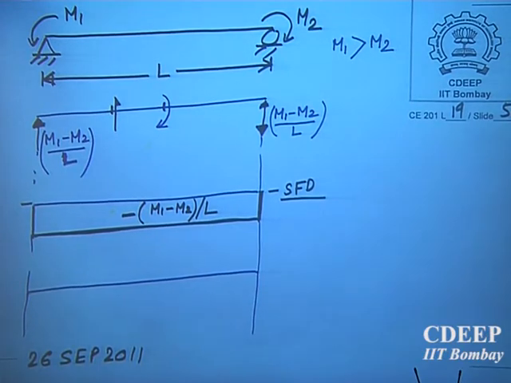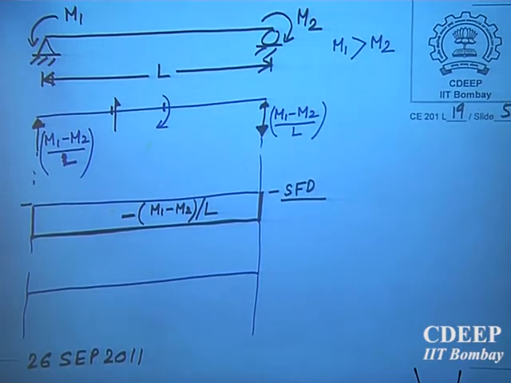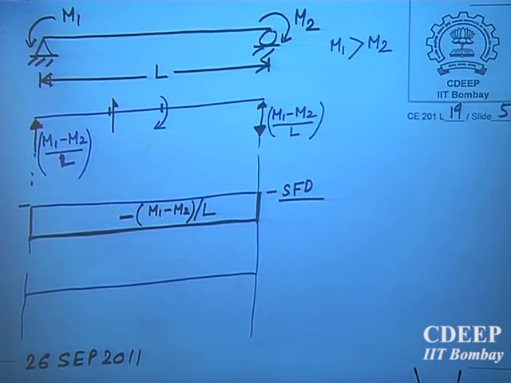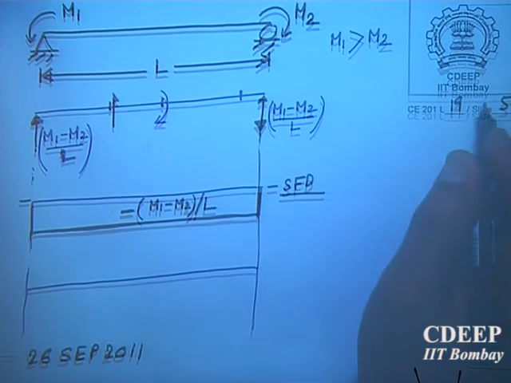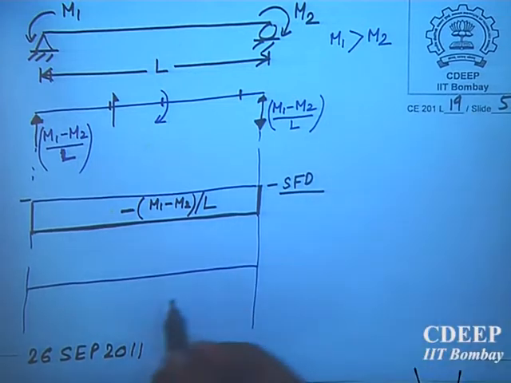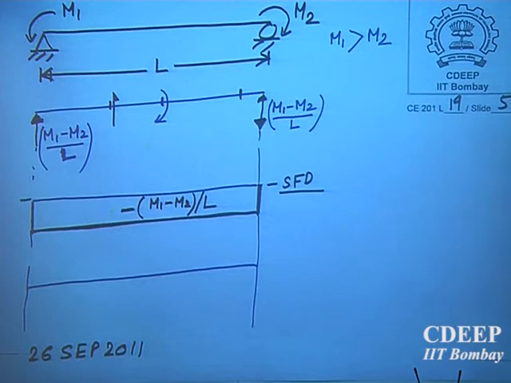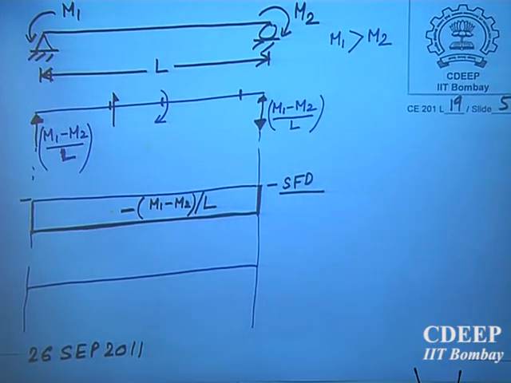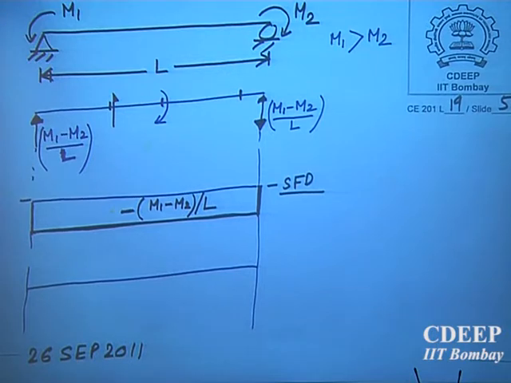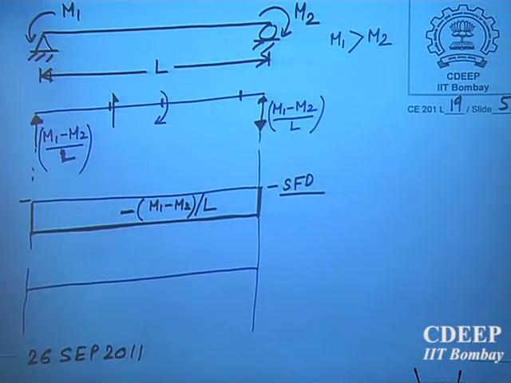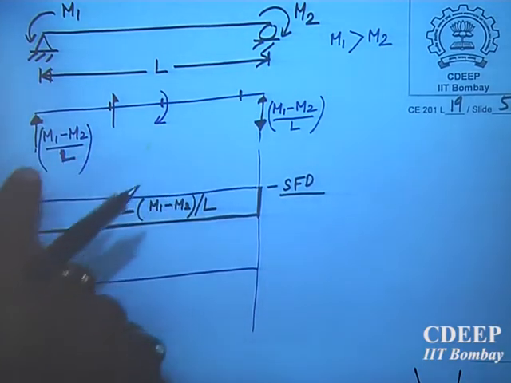And then up to which point? Shear force is okay, and bending moment has become negative here. But at this point it has to be zero now, the bending moment.